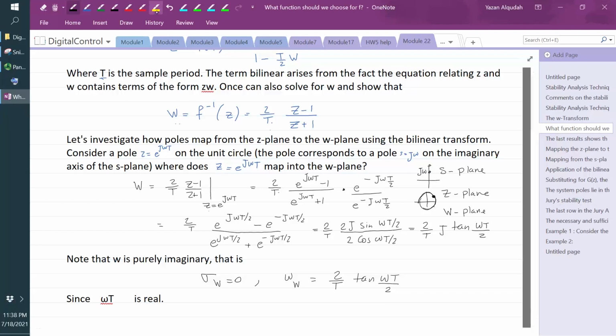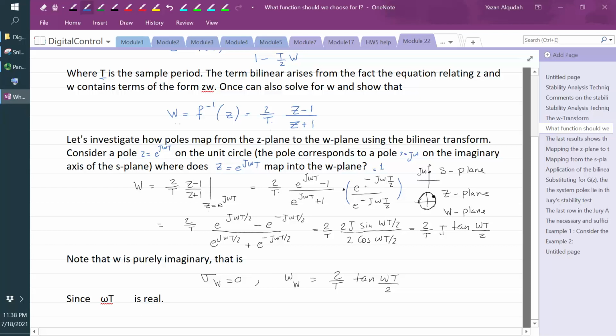Why did I do this multiplication? Because this will enable me to simplify this expression. This factor that I multiplied here is just equal to 1. The numerator is equal to the denominator. It's equal to 1, so I can multiply by this factor. But this will enable me to write this in terms of a sine and a cosine.